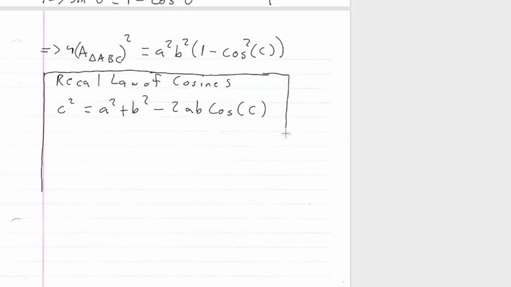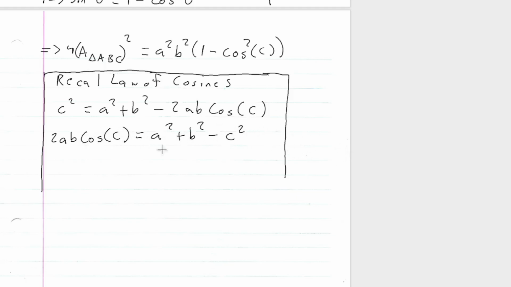Okay, so what I can do is add 2ab cosine C to both sides, right? And subtract c squared from both sides, right? So if I do that, I would have 2ab cosine of C is equal to a squared plus b squared minus c squared, right?